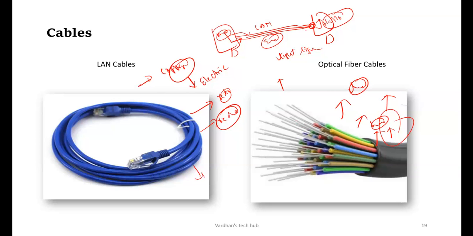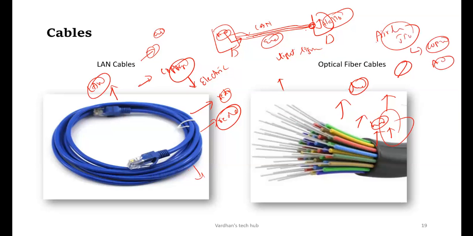Mostly in our organizations, we are using only LAN cables. If you are purchasing Wi-Fi internet connectivity for your home, they'll ask whether you want copper connectivity or fiber connectivity. It depends on the area and how they are serving. In my area, I first thought of going for Airtel or Jio, but they told me they only have copper connectivity in my area, meaning they provide internet connectivity over the copper cable.